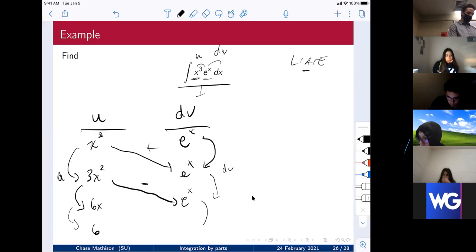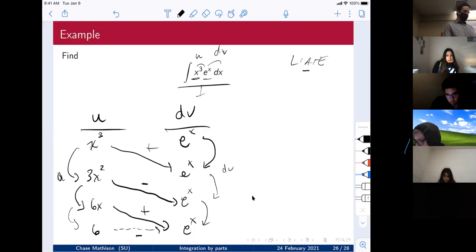And what's an antiderivative of e to the x? E to the x. You can see how this would be very useful if I have x to the 20th times e to the x, well, dv every time is going to be e to the x, right? So, and then here we go, plus, minus, plus, and then 6 times e to the x. I know how to do that, right?